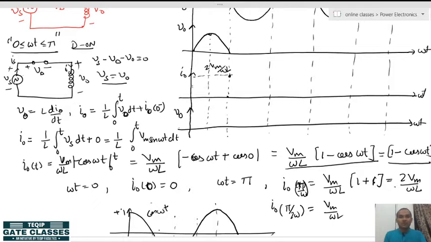So it is a twice value and a half value. This is 2 Vm upon omega L, this is Vm upon omega L. When you plot it, it will be like this, a cosine wave. So from 0 to pi we have now plotted.